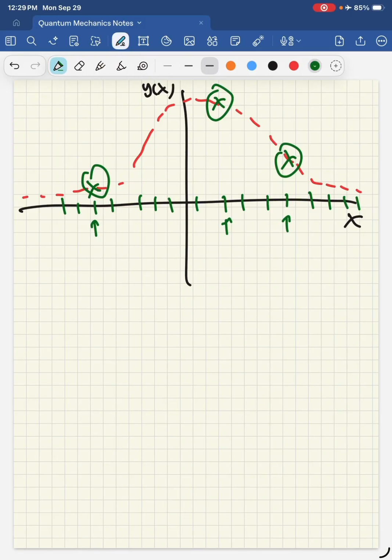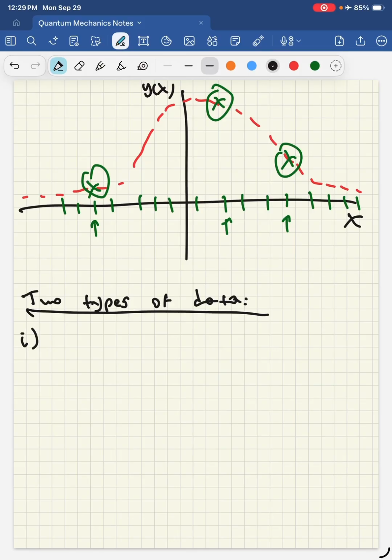So you can use the following approach pretty much. So let's keep talking. So you have two types of data. The X data, Y data, okay?